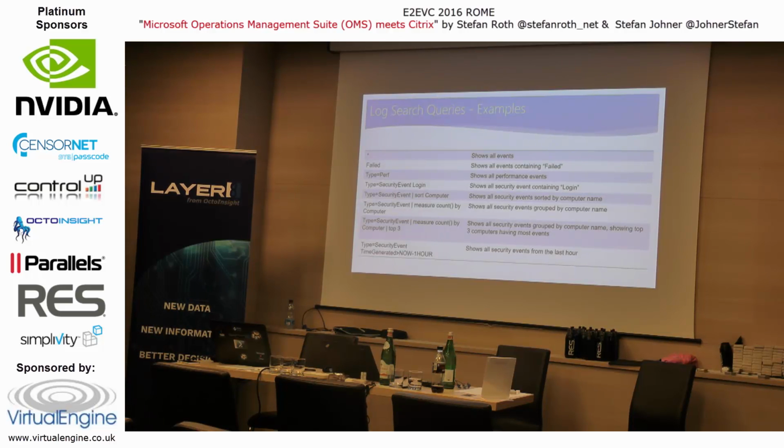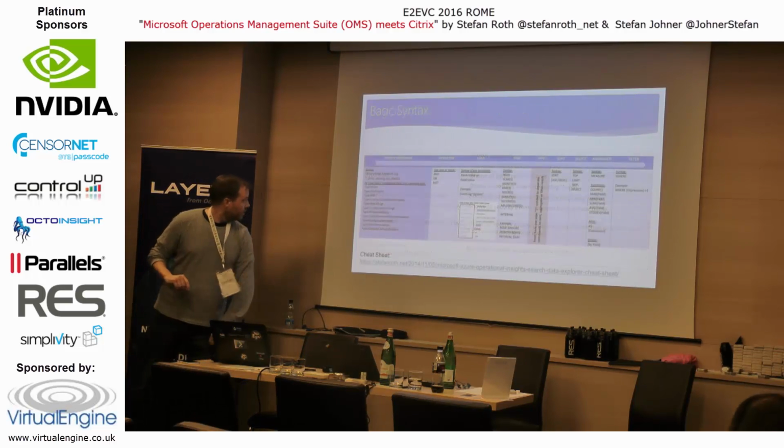From there you can start, then you can, for example, measure count, then you can group this data, or you can select top 3, or you can use some average, or you can count the data there is and display it in nice charts. We will see it in the demo.